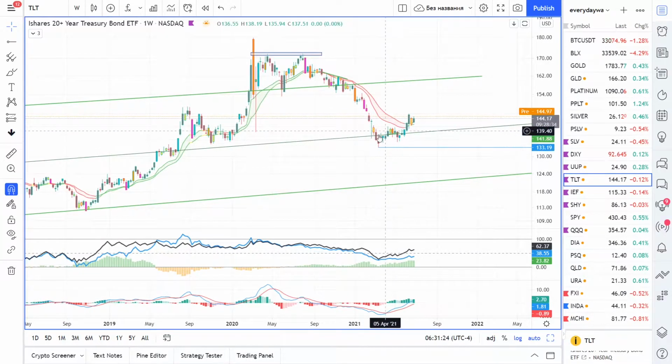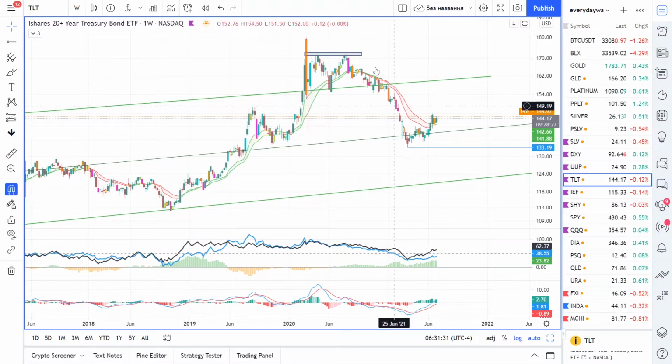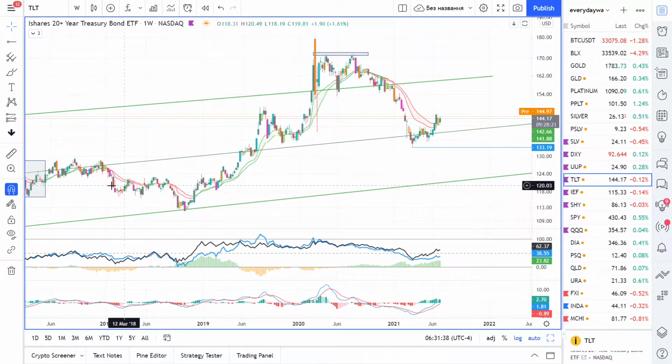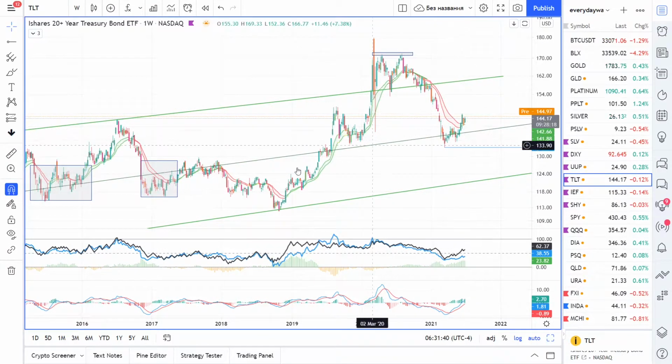Right here in the middle of this channel, we started building a nice accumulation for quite some time. We can see that all this drop was slightly bought. Personally, I expect this kind of action to repeat here, but I might be wrong.